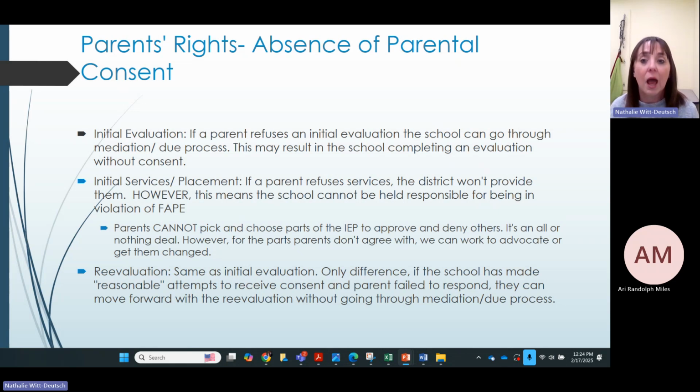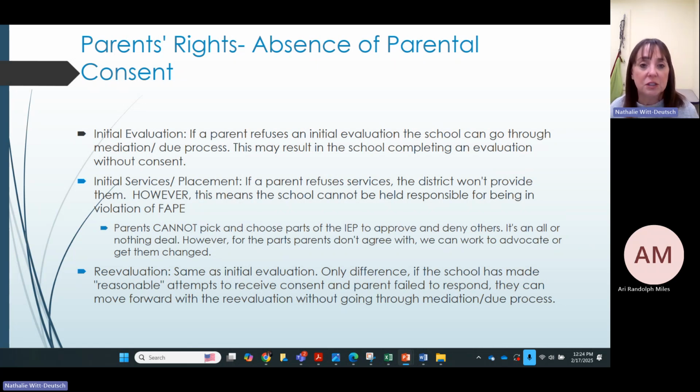It's an all or nothing deal. However, for the parts that you don't agree with, we can work to advocate or get them changed. So even though it's an all or nothing package, that doesn't mean that there isn't some way to collaborate and find consensus as to what this should look like for the child, for the betterment of their educational services and placement.